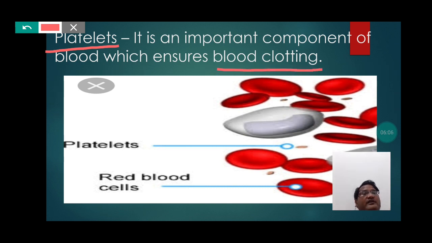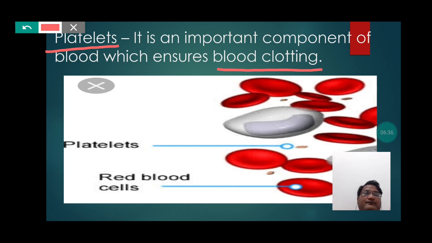Blood clotting is the process by which excessive release of blood from the body is stopped or reduced. So students, due to the presence of the platelets, the blood does not continue to be released due to any kind of injury on the body.